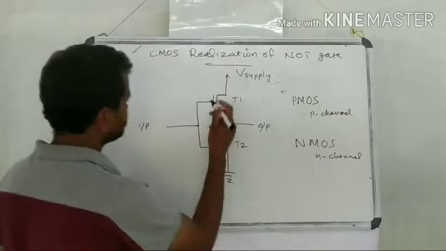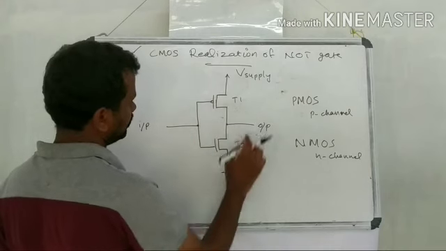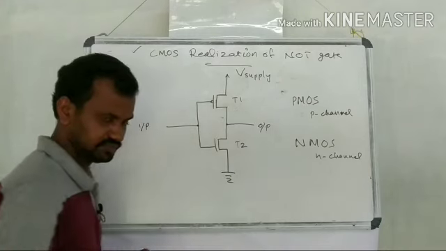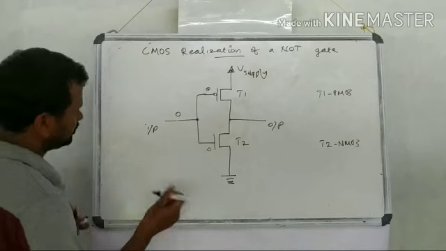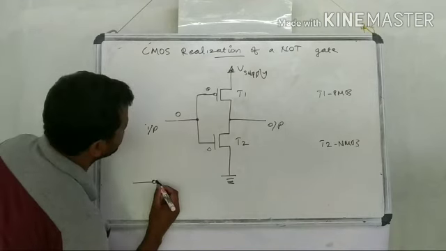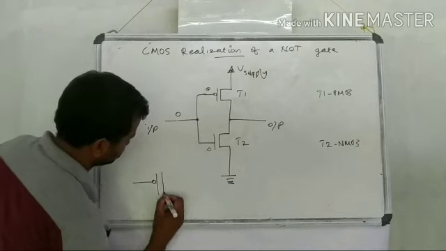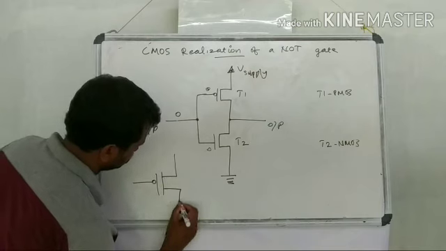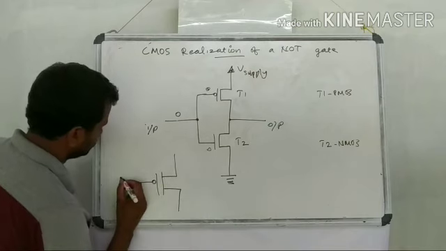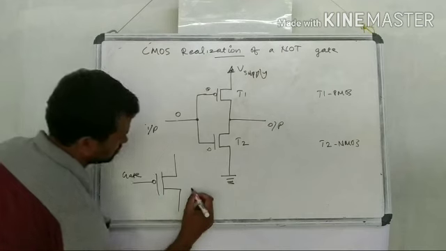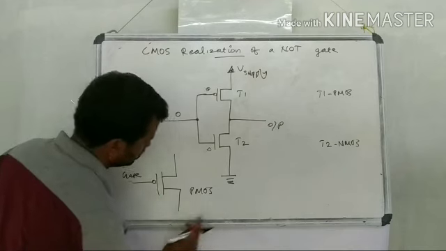So this transistor is a PMOS transistor and this is an NMOS transistor. This is our PMOS transistor. This is the gate.